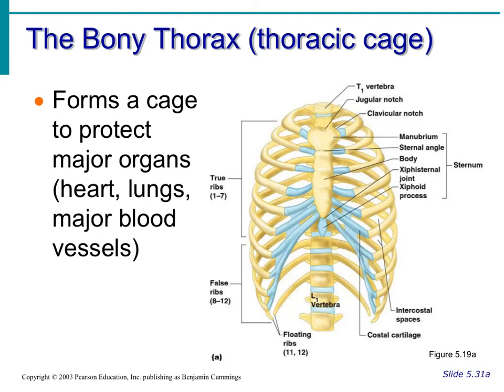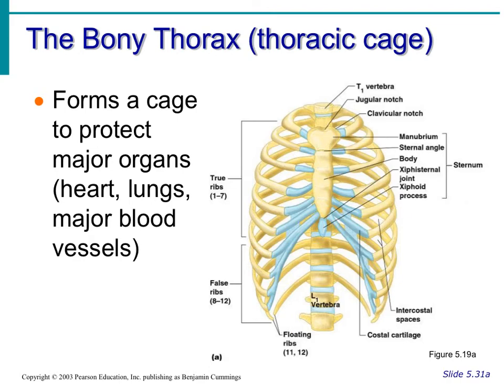The bottom 5 are called false ribs, because they either have an indirect attachment to the sternum, like where they attach to the 7th, or they have no attachment. And the last 2 of the 5 are called floating ribs because they don't have any attachment to the sternum.